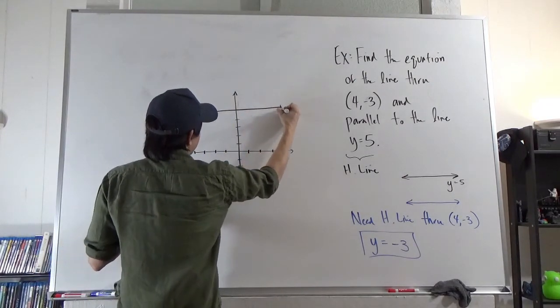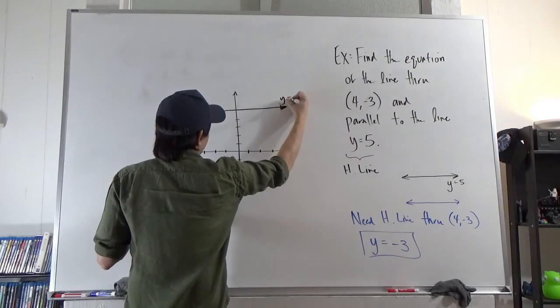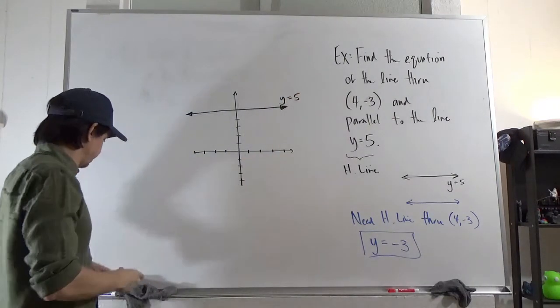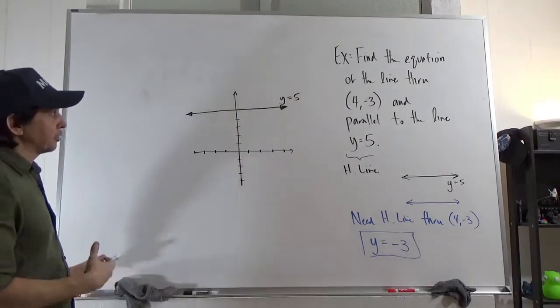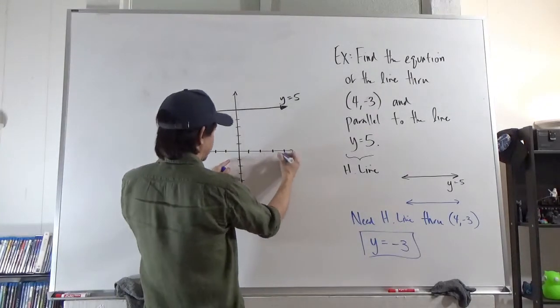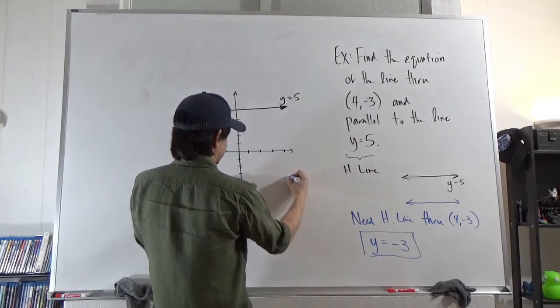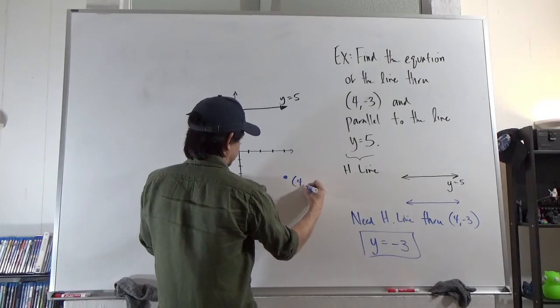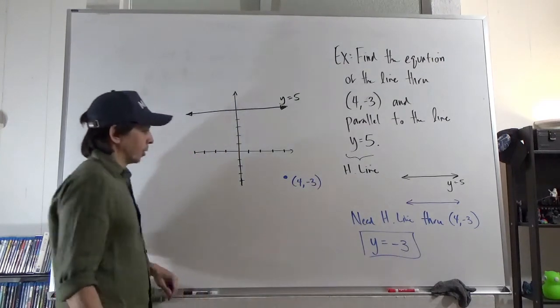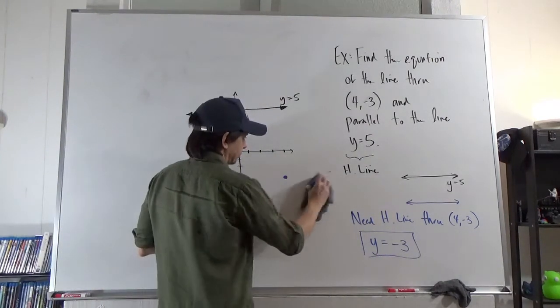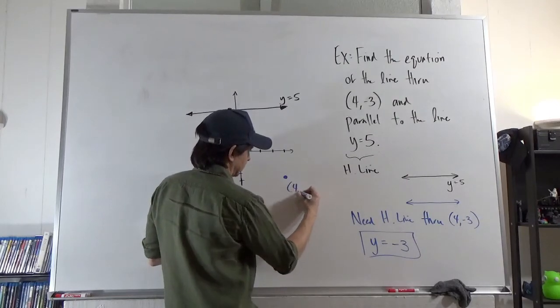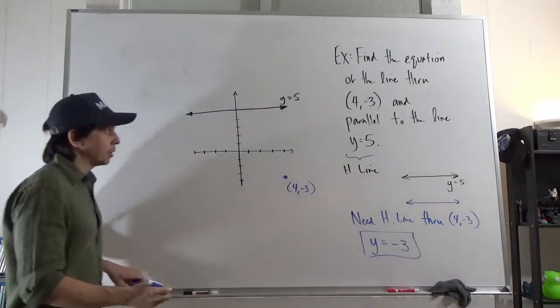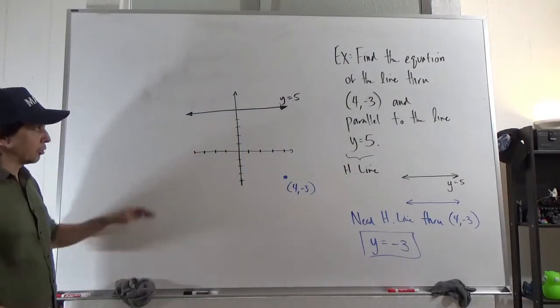And here's their line, y = 5. We need a line passing through (4, -3) and parallel to their line. So our line needs to be parallel to that.